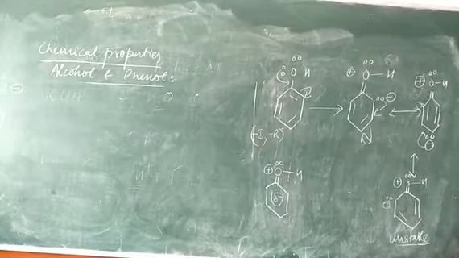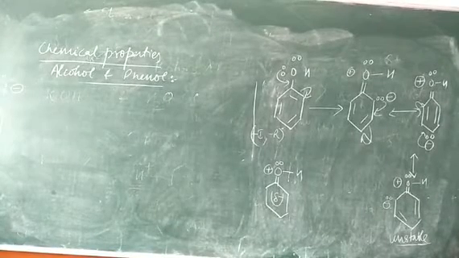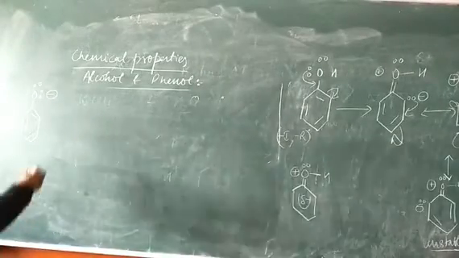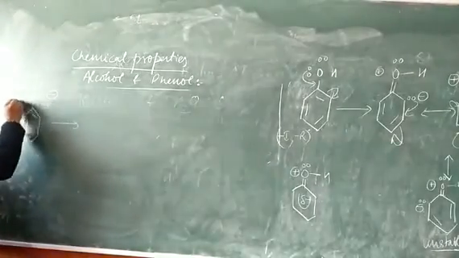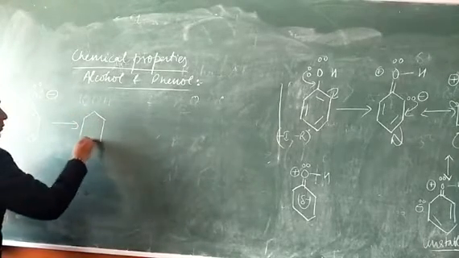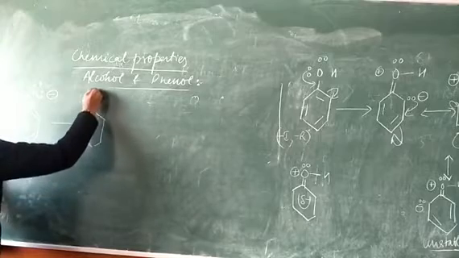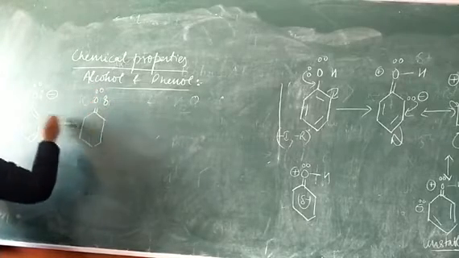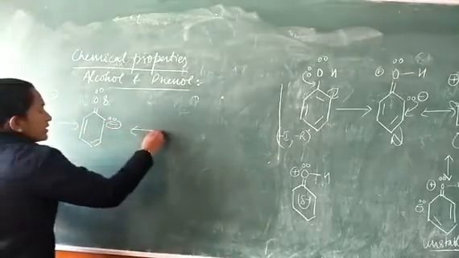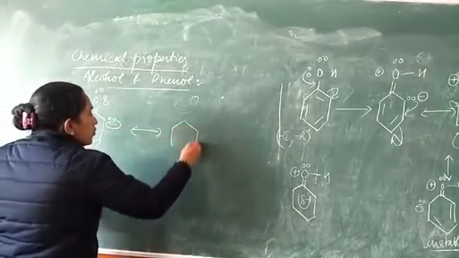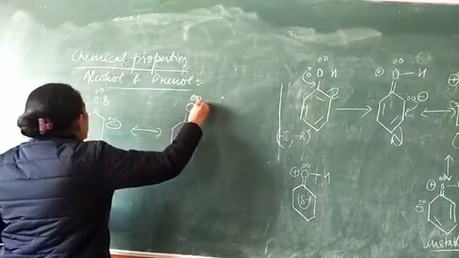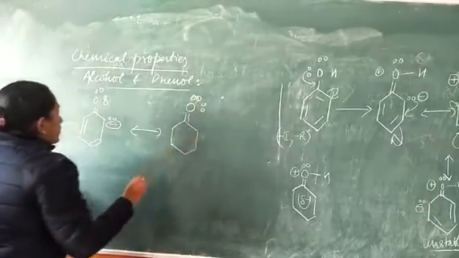Now students, we will try to draw the resonating structure of the phenoxide ion also. Right. So here also same, since the aromatic ring is there, its lone pair will come in conjugation with it. Right, it will be here, this lone pair. So here you will see that there is no charge separation as was observed in the phenol molecule.